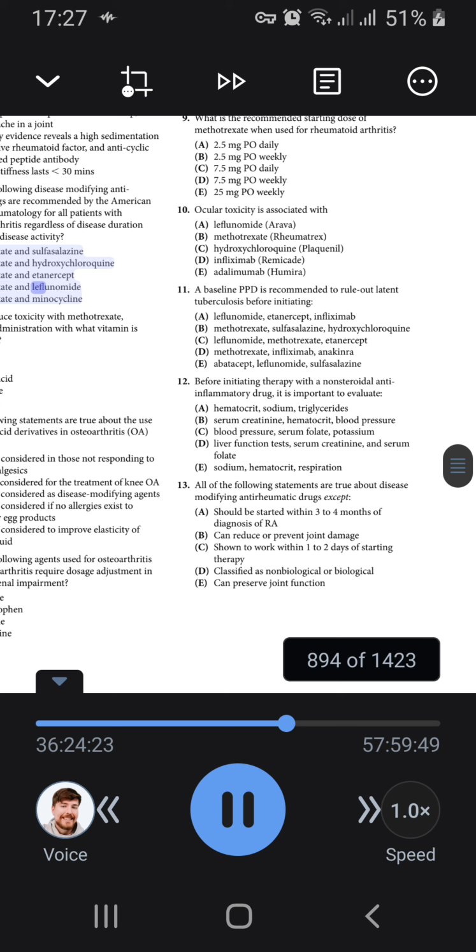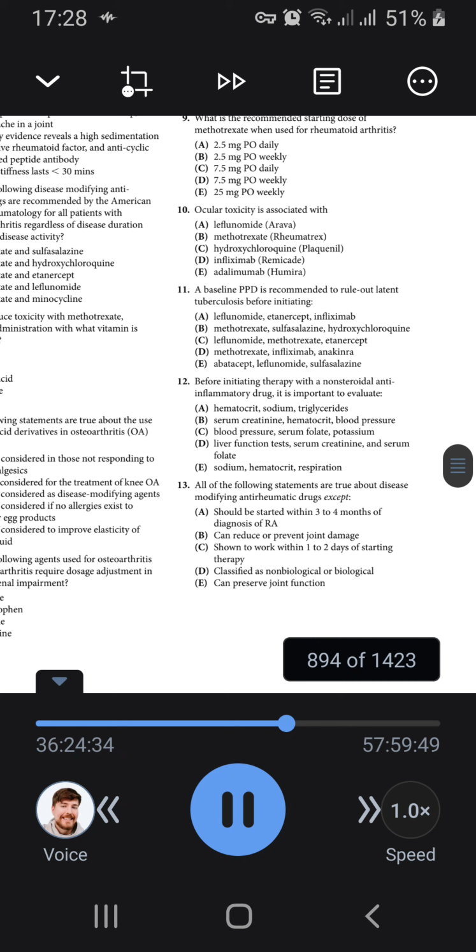D. Methotrexate and leflunomide. E. Methotrexate and minocycline. 5. In order to reduce toxicity with methotrexate, concomitant administration with what vitamin is recommended? A. Folic acid. B. Thiamine. C. Ascorbic acid. D. Pyridoxine. E. Riboflavin.